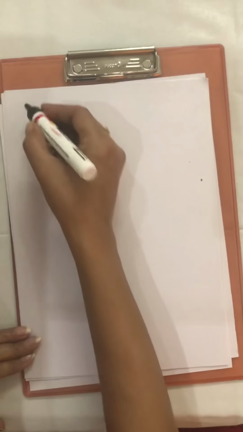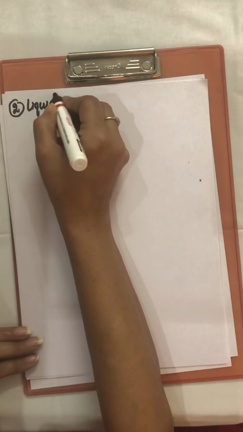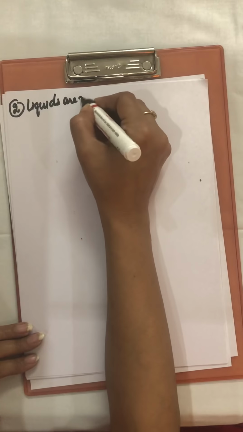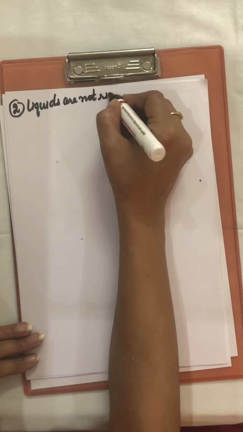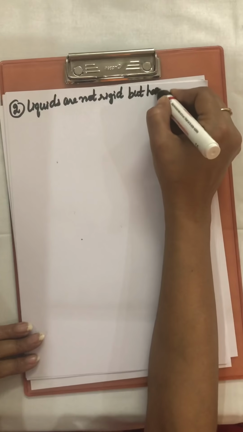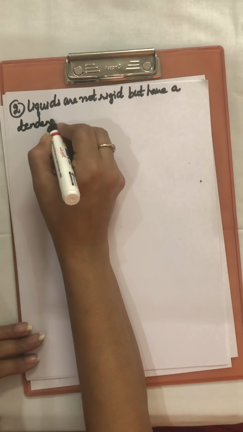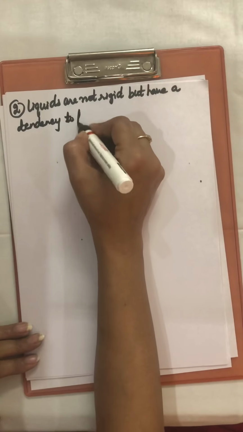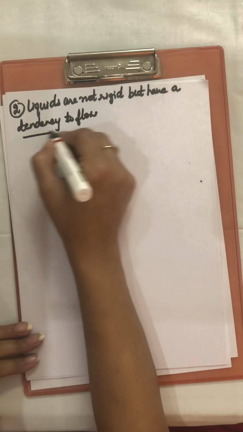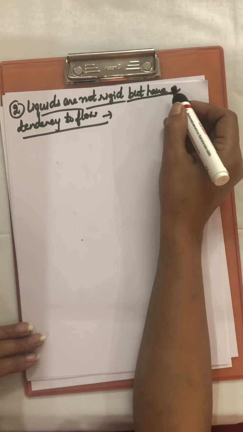Moving on to the next property of liquids. Liquids are not rigid but have a tendency to flow. Liquids are not rigid, but they have a tendency to move, they have a tendency to flow.